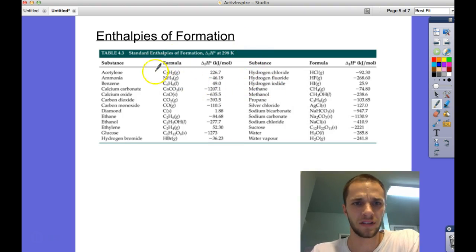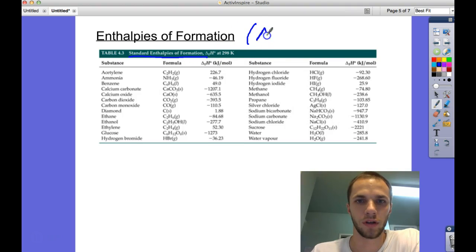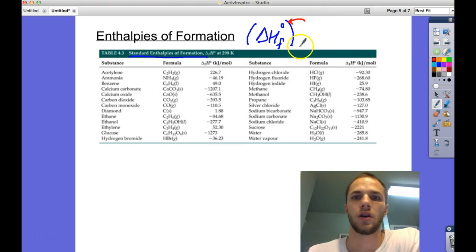In this table, which is just an example, we have standard enthalpies of formation, abbreviated as delta H, F, with this little naught here. We pronounce this naught, that little circle at the top. This is a very common thing you'll see all year, and it means standard conditions.